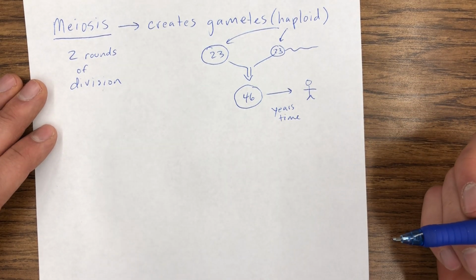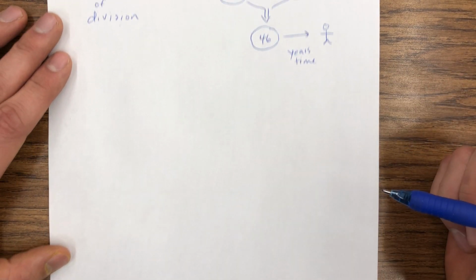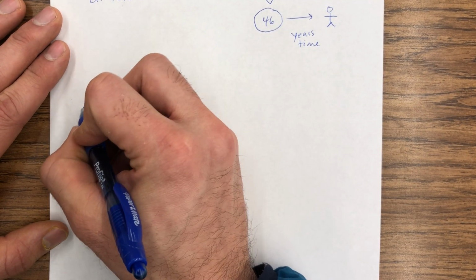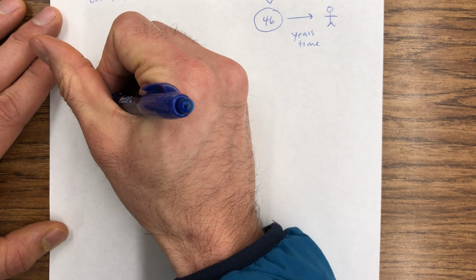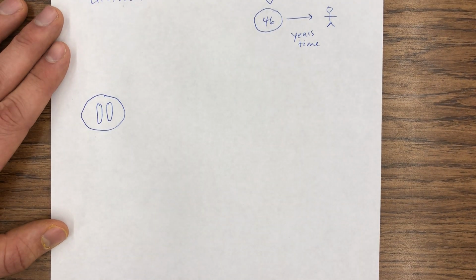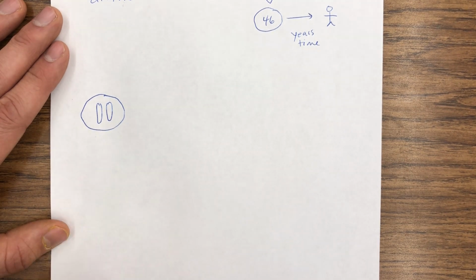So we're going to start here and move this up a little bit. What we're going to start with is a cell, and this cell is going to have just 1 pair of chromosomes. Now, in our cells, remember that we have 23 pairs of chromosomes for a total of 46, but in this one, we are going to just start with 1 pair to simplify this.